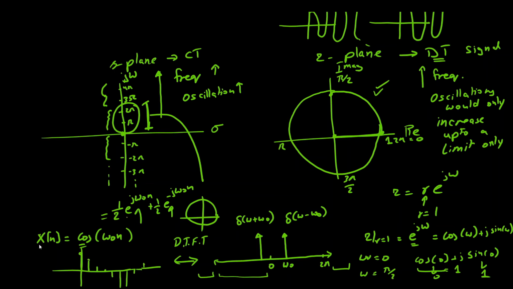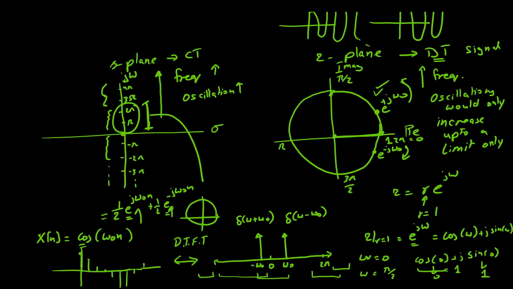So we have two phasors, two exponentials. One is stationed at plus j omega naught, that is e to the plus j omega naught, and the other one is e to the minus j omega naught. This one is moving in this direction and this is moving in this direction. So this is simply minus omega naught. Across 0 now we have minus omega naught and plus omega naught.